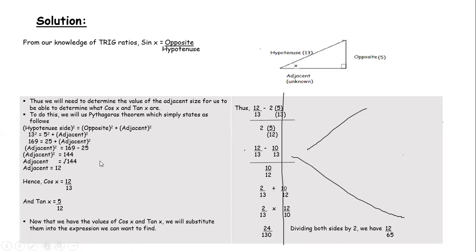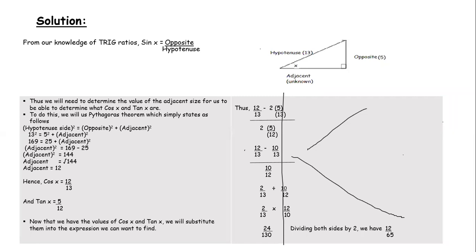Rearranging, adjacent squared equals 169 minus 25, which is 144. To remove the square, we find the square root of both sides, so our adjacent is 12.